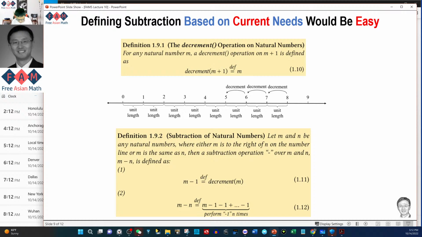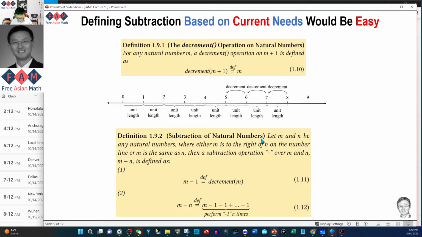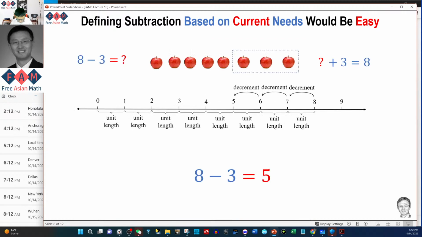Well, with this, now we know our definition of what subtracting really is. So defining subtraction based on current needs would be really easy. We just introduce subtraction as decrement and repeated decrement. But we still face a fundamental constraint.